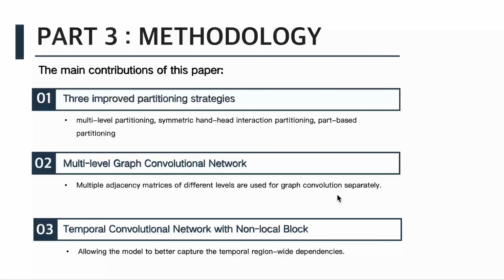Second, we incorporate a multi-level graph convolutional network, where multiple adjacency matrices of different levels are used for graph convolution separately. Finally, we introduce a temporal convolutional network with a non-local block to better model long-range temporal dependencies.